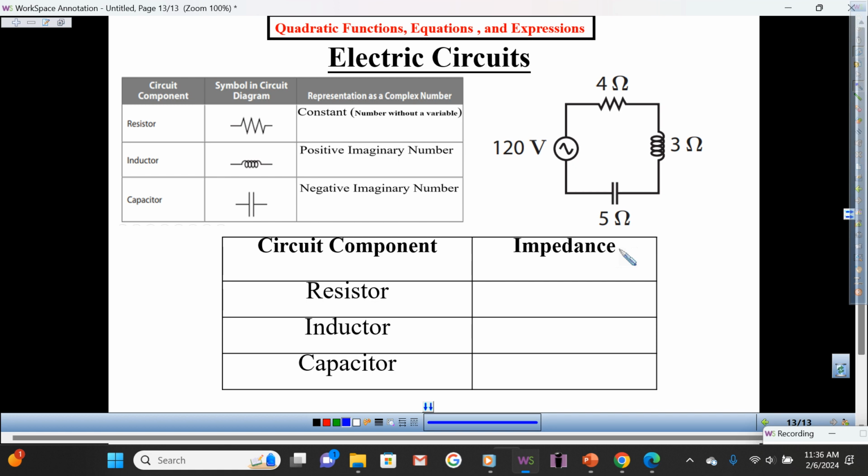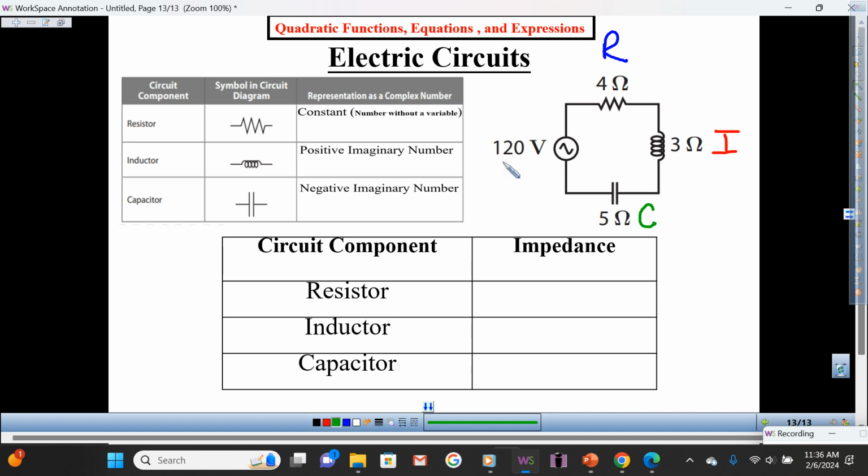Jacob A, go. The top one, yes. All right. Which means the inductor is number 3. Which means the capacitor is 5.